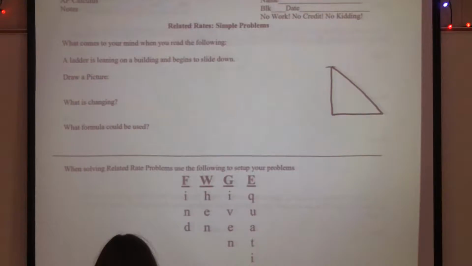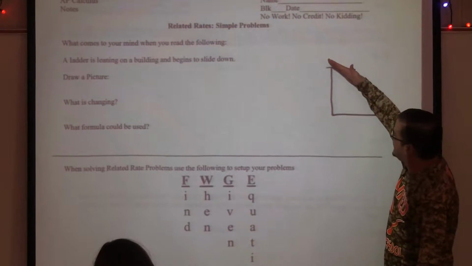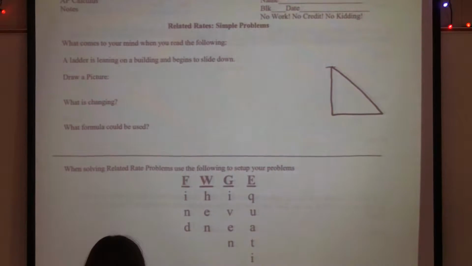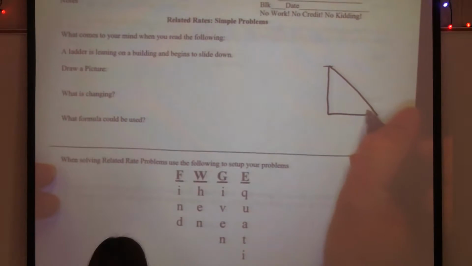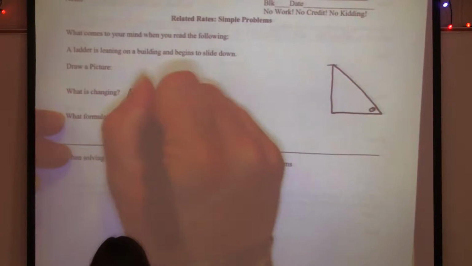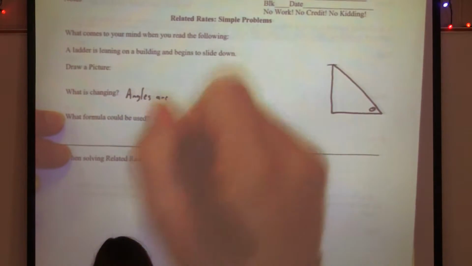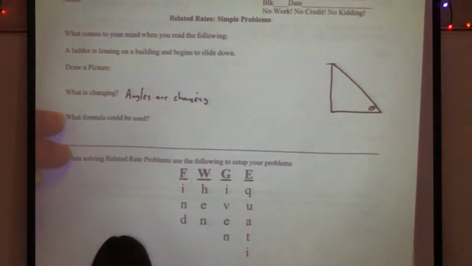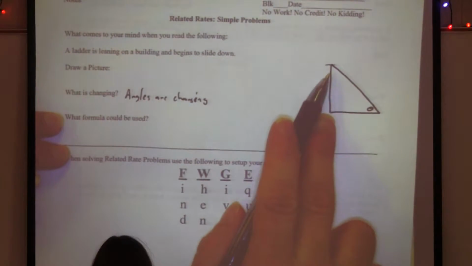Alright, so the next thing to ask yourself is, what's changing? If I had this picture and it says that the ladder begins to slide down, what would be changing? We kind of talked about this on Friday. The angles. Okay, so this angle right here would be changing. Not all of them, just this one and this one up here.